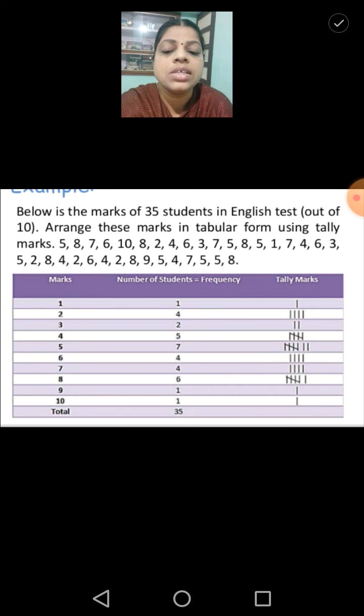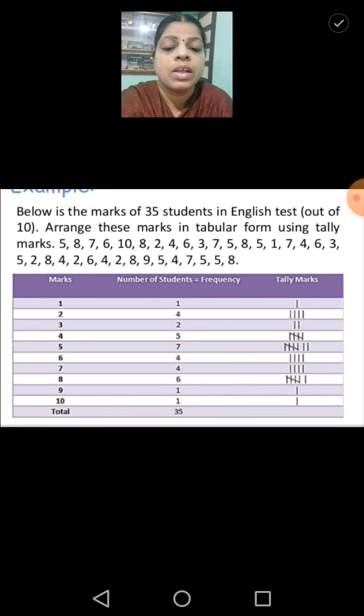Like this, how many times the various values repeat is given in the frequency table. And if we calculate the total, how many numbers are here? 35. We can see 35 students' marks are given. So the total is 35.